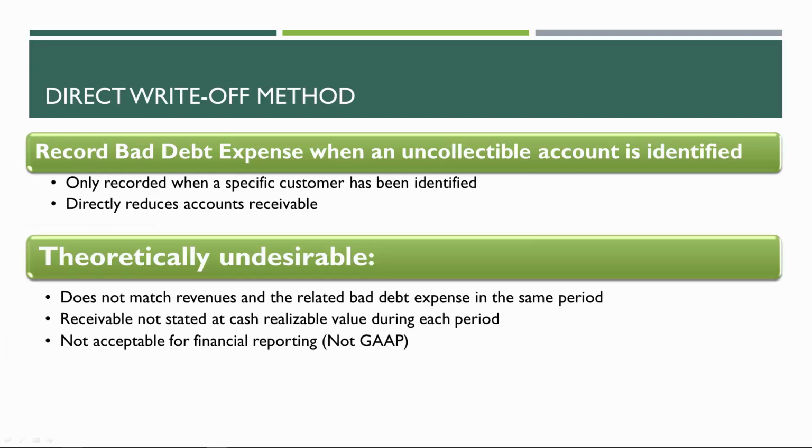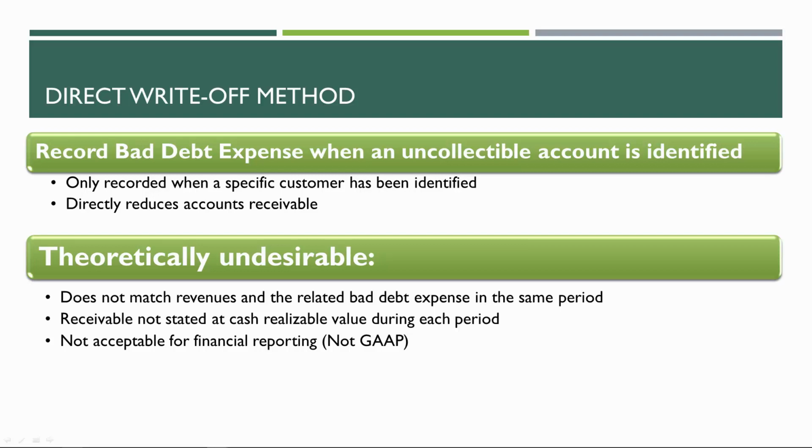So under the direct write-off method, we are waiting until we've identified a specific account, and then we're writing it off. And because of that, the direct write-off method is not a desirable way to record uncollectible accounts. It does not match the revenues with the related bad debt expense into the same period. They're going to happen at different points in time and in different periods of financial reporting.